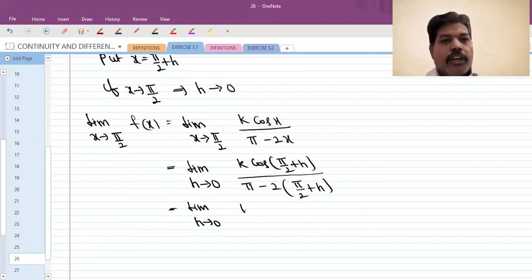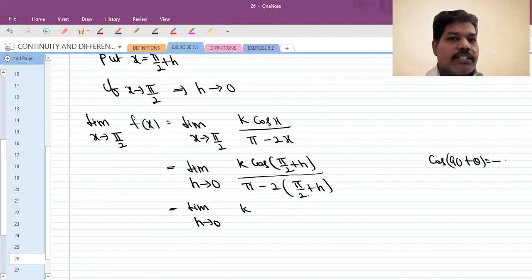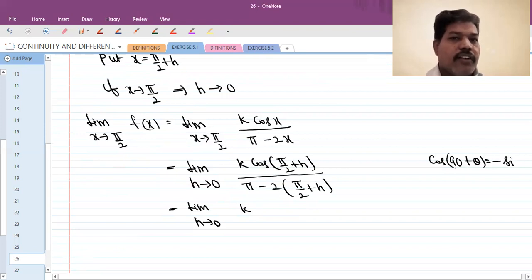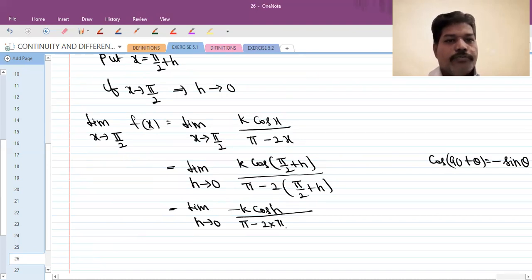So k into cos 90 plus theta. What is cos 90 plus theta? It is in the second quadrant. In the second quadrant, cos is negative, and with 90 plus, it changes into sine. So automatically, students, cos of 90 plus h becomes minus, over pi minus, multiplying by 2 here, 2 into pi by 2 minus 2 into h.